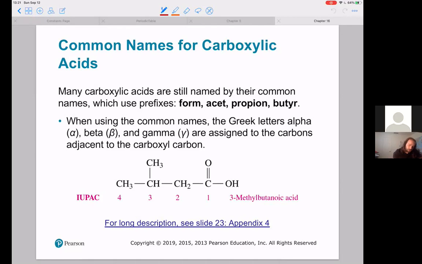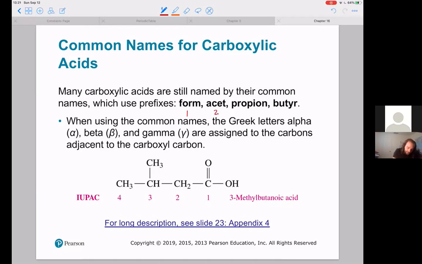But just to note, for the common names, the 4 smallest carboxylic acids get their own weird names. 1 carbon would be formic acid, which is methanoic acid. Acetic acid is 2 carbons, or ethanoic acid would be the IUPAC.